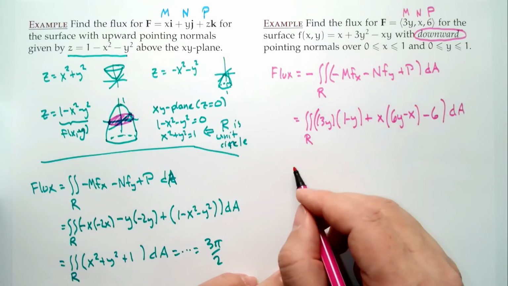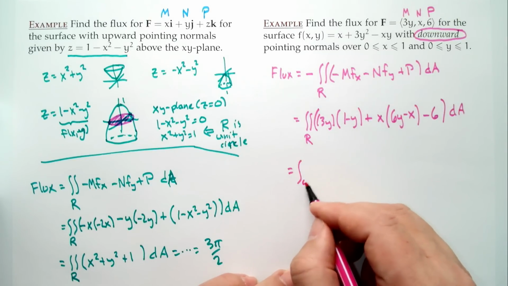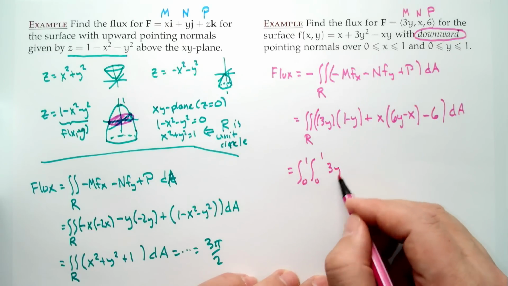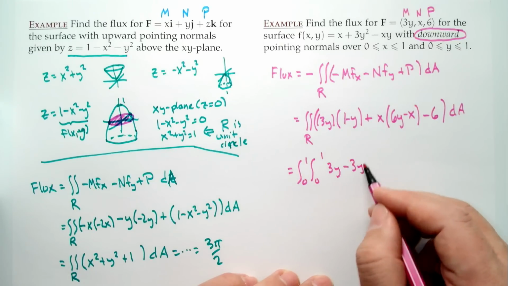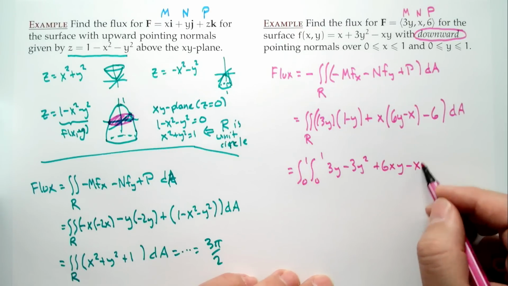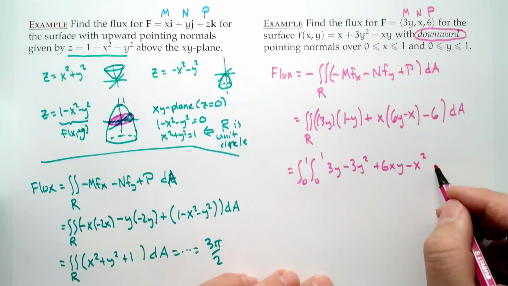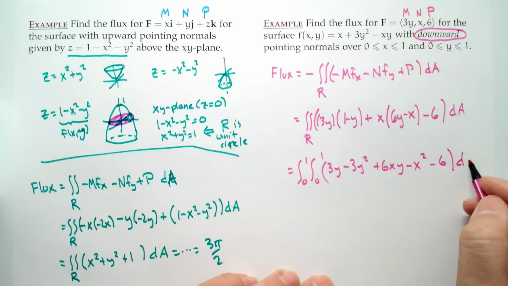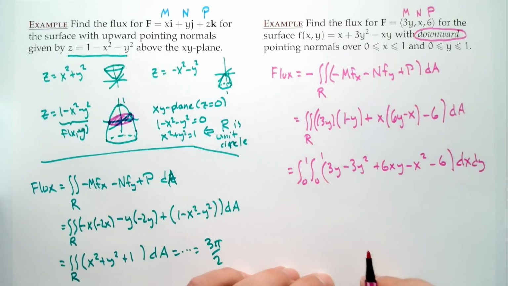dA. And our region is actually a really simple one. It's a square. So integral 0 to 1, integral 0 to 1. We'd multiply it out: 3y minus 3y squared plus 6xy minus x squared and minus 6. At this point, you say, well, this is now just sort of a calculus 1 problem.